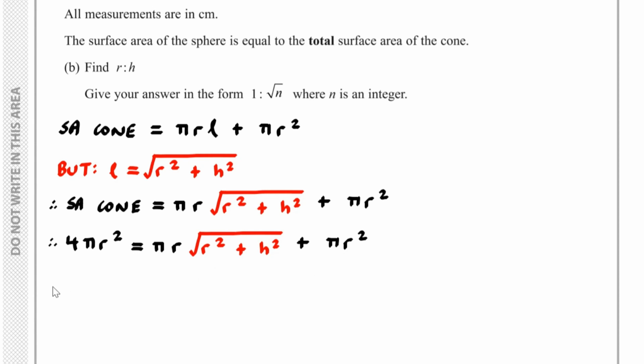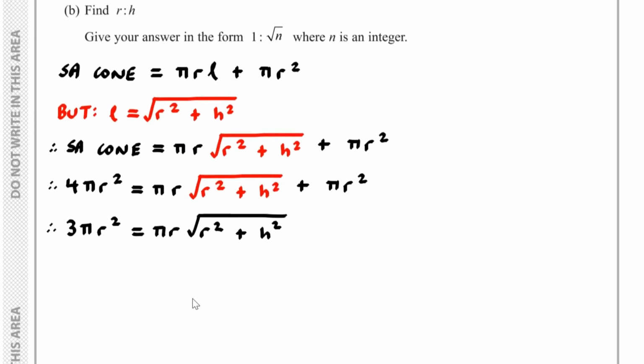Well, if I subtract pi r squared from both sides, we would have 3 pi r squared equals pi r times by r squared plus h squared square rooted. Now the pi's cancel and one of the r's cancel, so we have 3r equals r squared plus h squared square rooted.